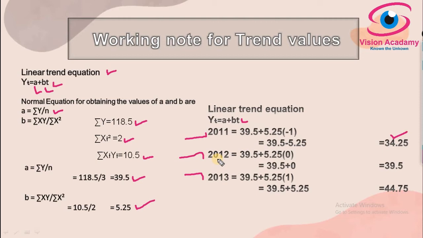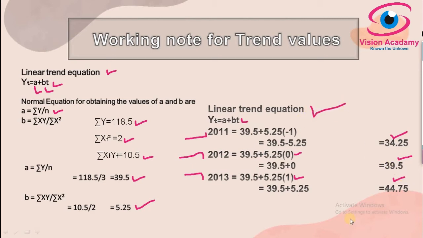For 2012, a is 39.5, b is 5.25, the deviation is 0, so 39.5 plus 0 will be 39.5. For 2013, 5.25 into 1 is 5.25, and 39.5 plus 5.25 will be 44.75. So we found the trend value using the method of least squares under the linear trend equation.